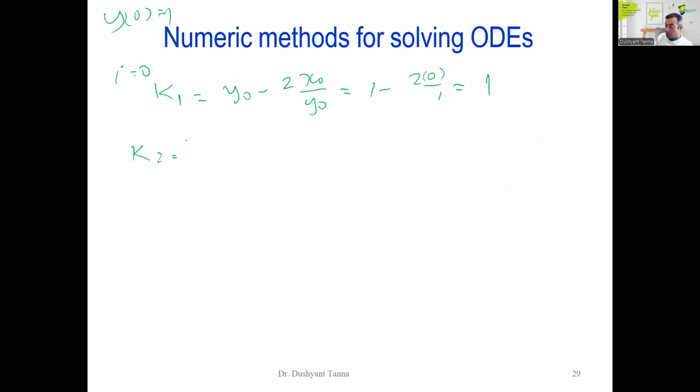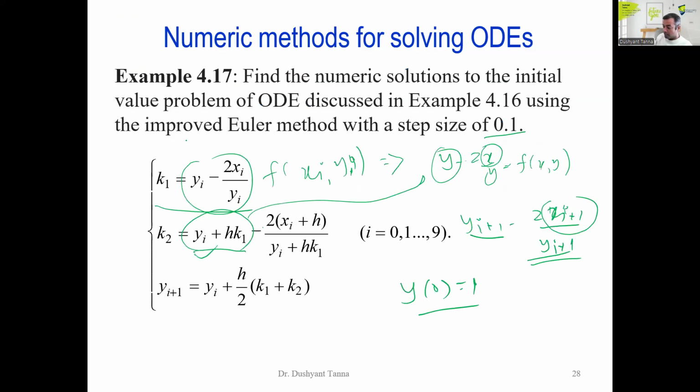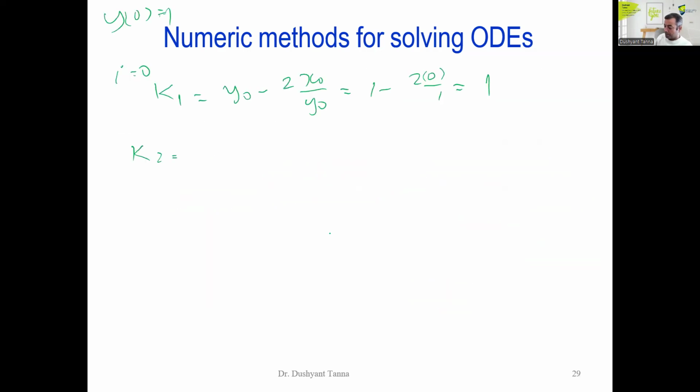Now k2, follow this formula, which we got here. Write it down before you plug in the values: y0 plus h times k1, minus 2 times x0 plus h, divided by y0 plus h k1.